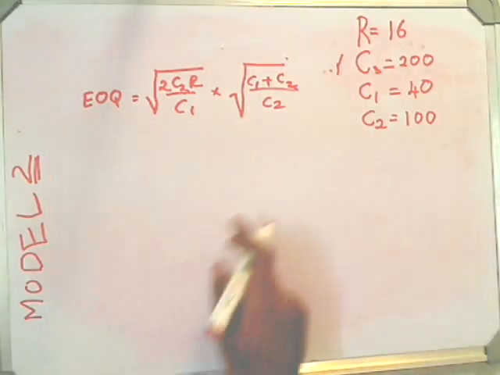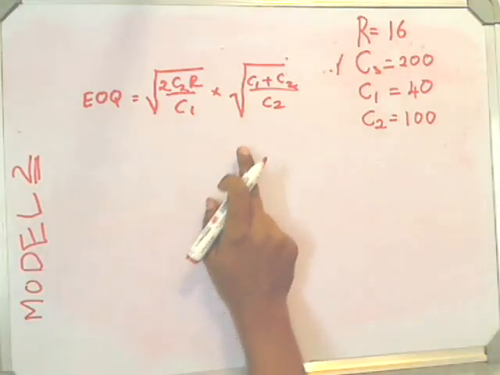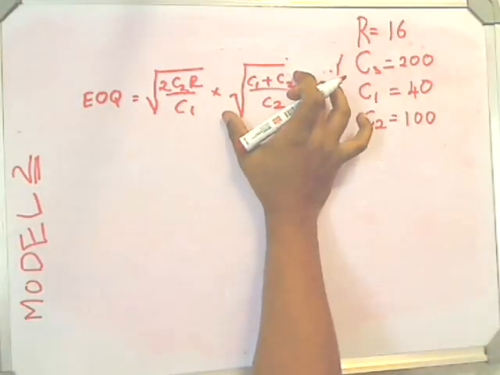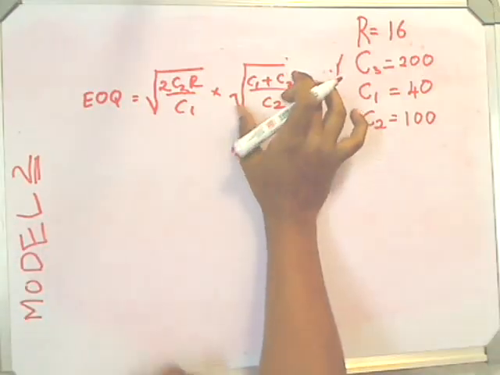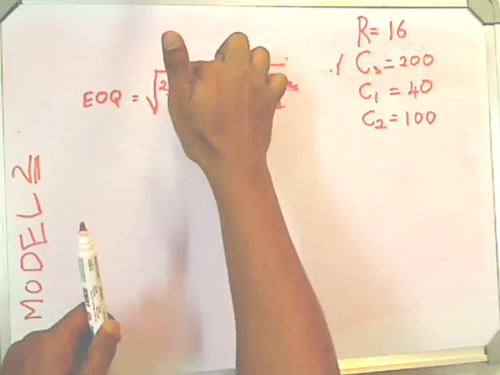This is the formula that you would use. This extra bit of formula would be in case of model number 2. If it's just model number 1, you can ignore all this and this is all that you will be calculating.